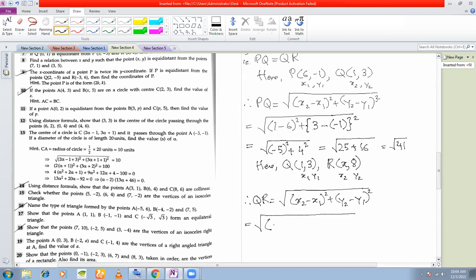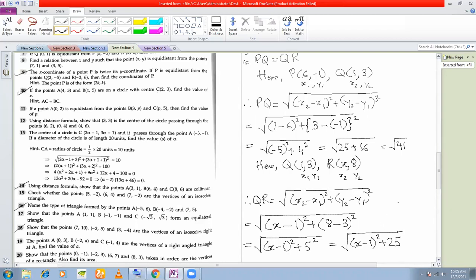That is, x2 is x, x1 is 1, whole square, plus y2 is 8, y1 is 3, squared, which is the square root of (x minus 1) whole square plus 8 minus 3, which is 5, squared. So this is the square root of (x minus 1) whole square plus 25.